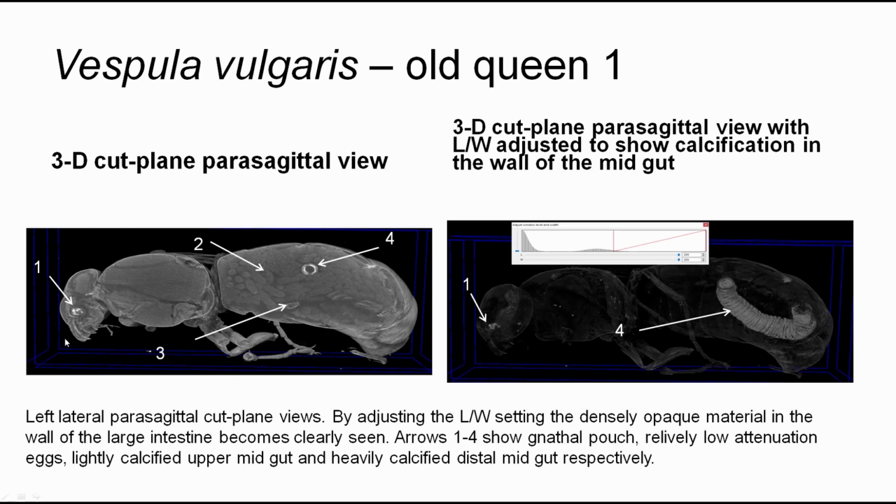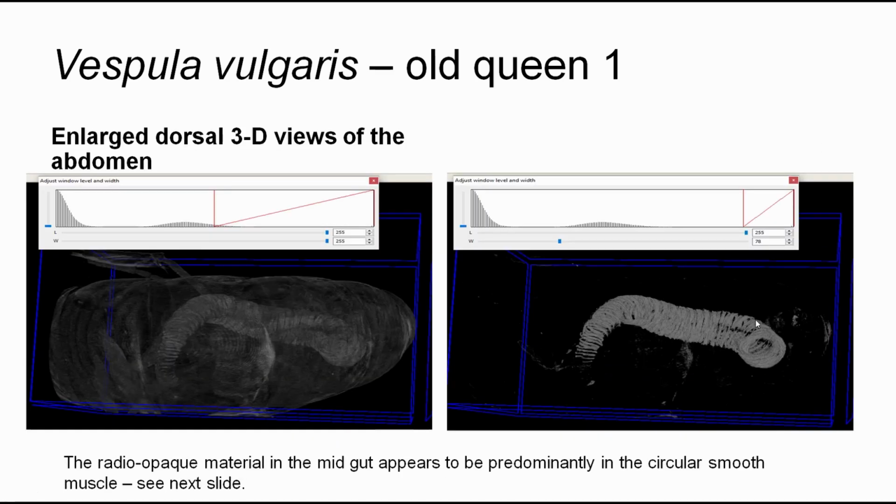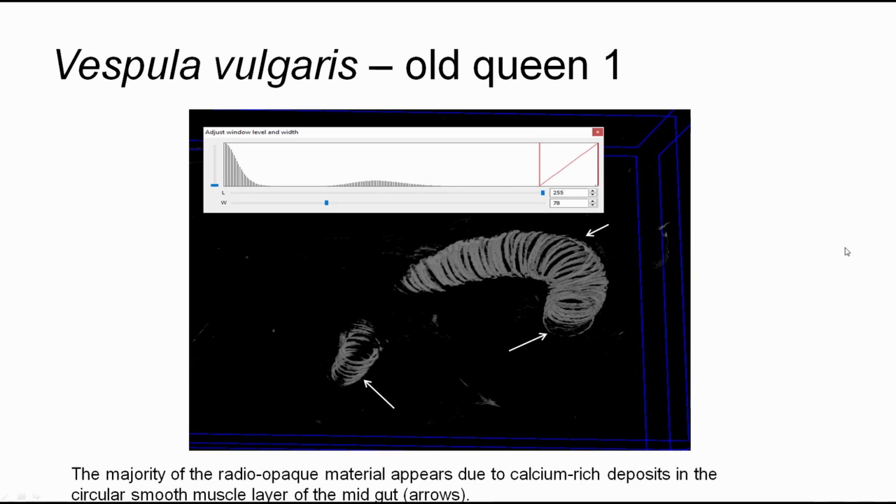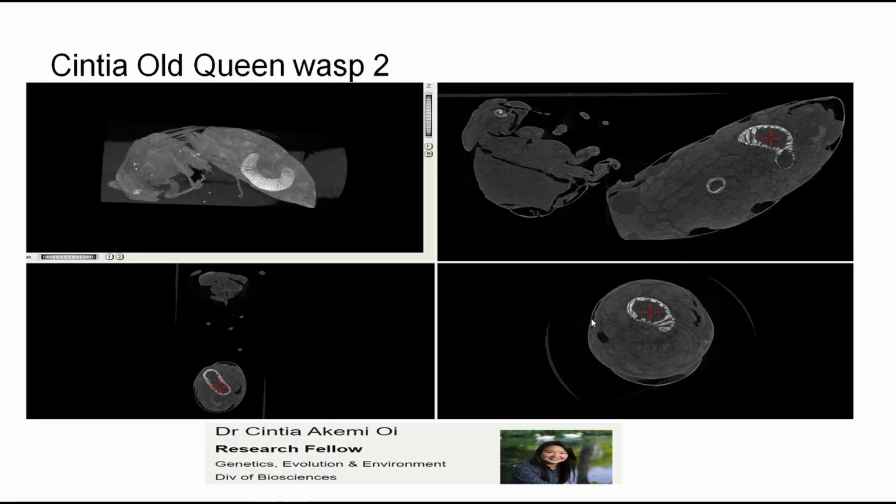We had expected we might see radio-opaque material in their nathal pouch. We had expected we'd find relatively low attenuation eggs, but we had not expected to find this calcification within the midgut wall, which appeared to be in the circular smooth muscle layer.